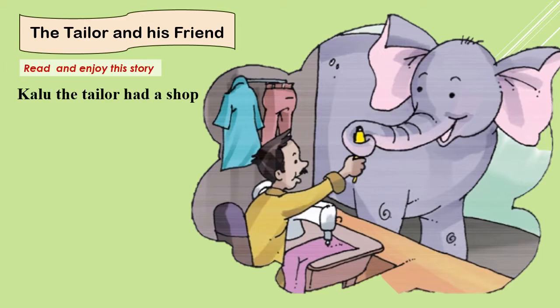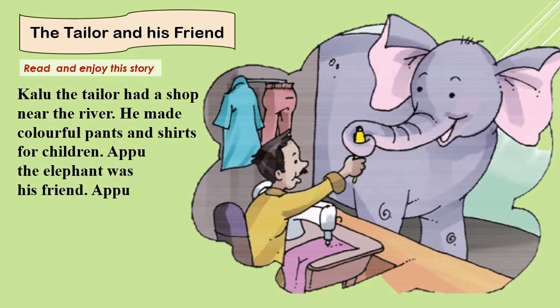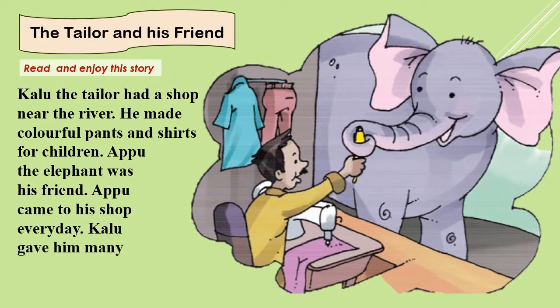Kalu the tailor had a shop near the river. He made colorful pants and shirts for children. Appu the elephant was his friend. Appu came to his shop every day. Kalu gave him many nice things to eat.